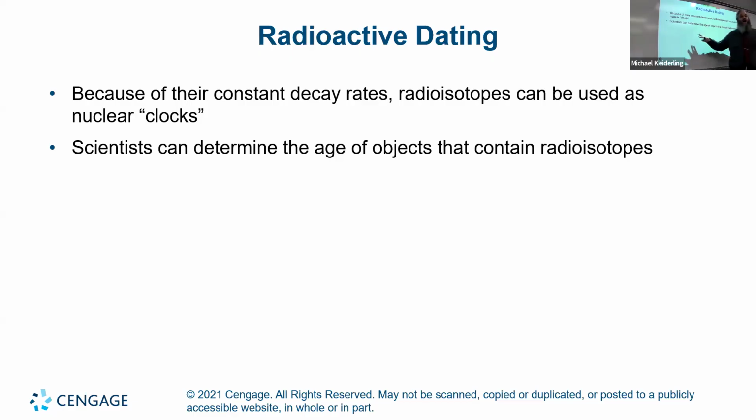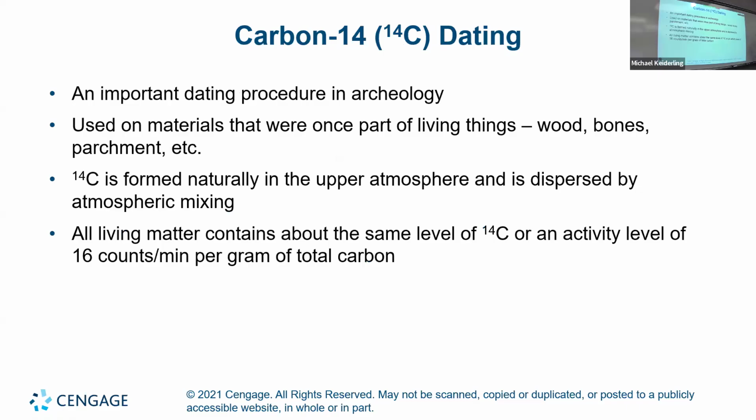So this is used to date rocks, or radiocarbon dating is used to date biological material. So carbon-14 dating is the dating for archaeology. This is used on materials that were once part of living things: wood, bones, parchment, etc.